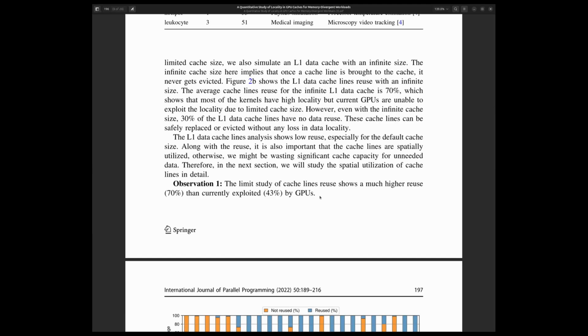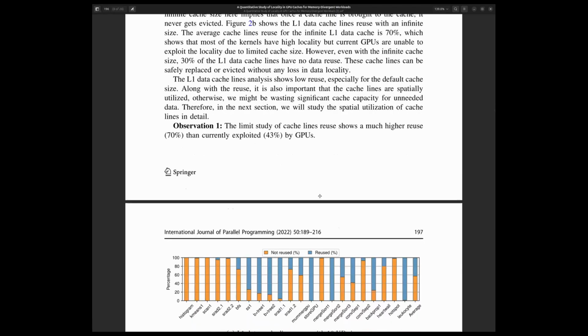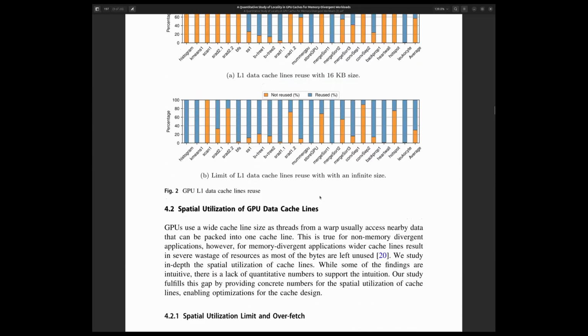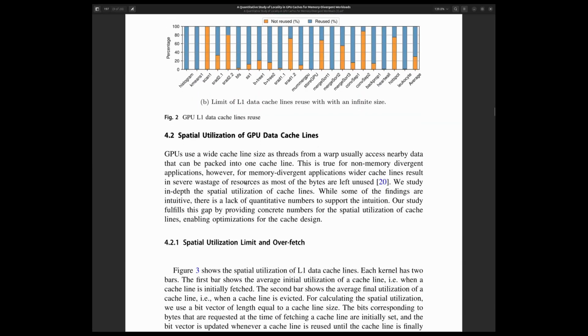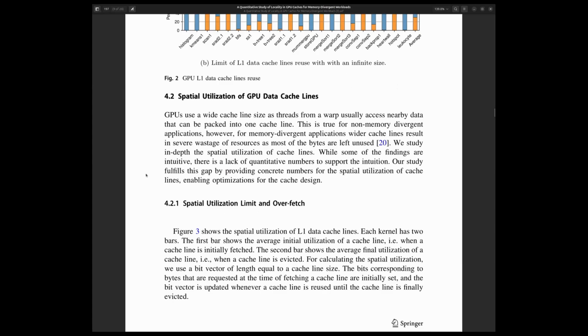And what this is doing is it's taking up bandwidth in terms of network on chip, or if we look further, we'll see L2 cache as well. But going on to section 4.2, it goes into spatial locality.